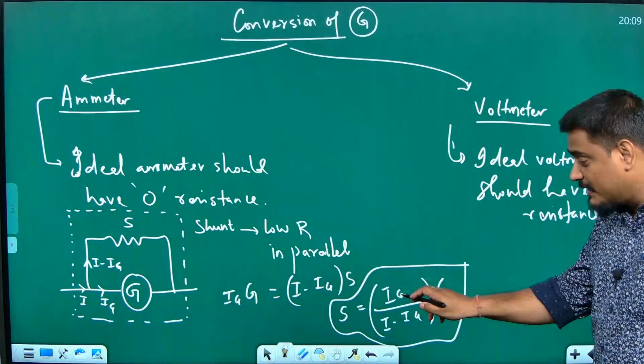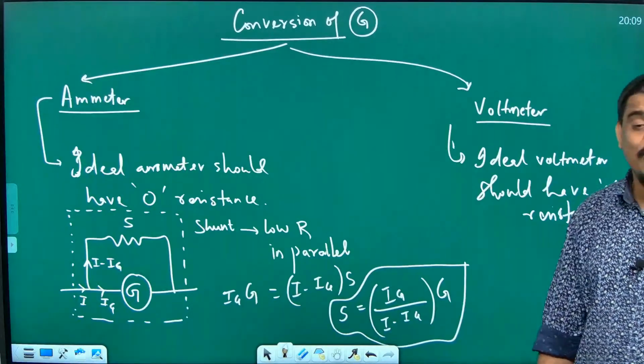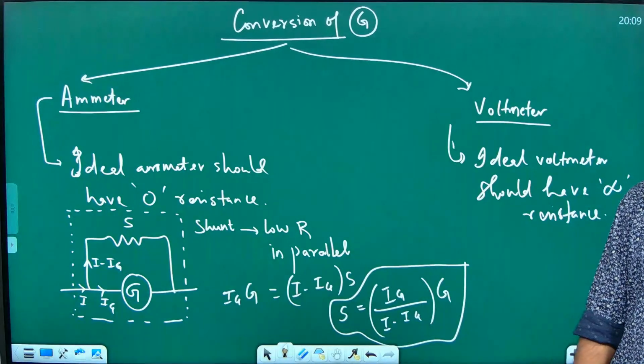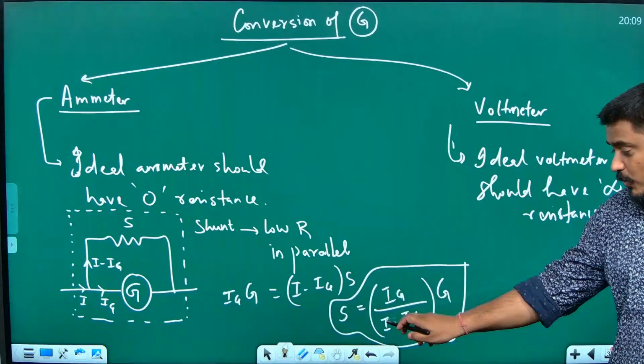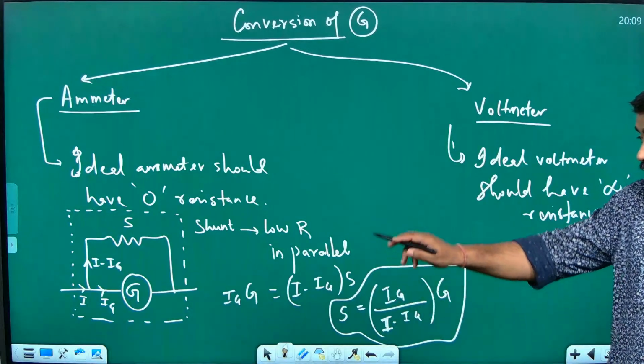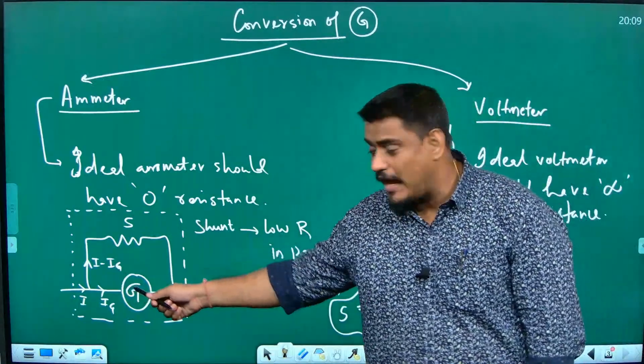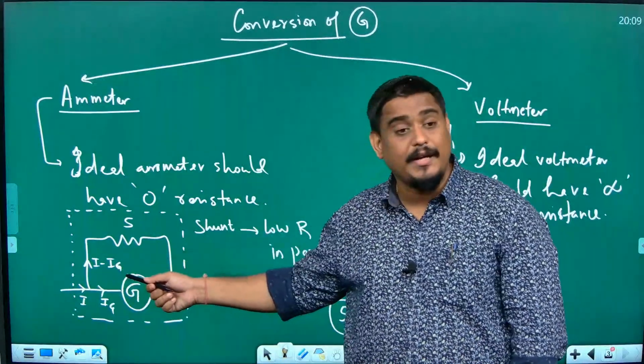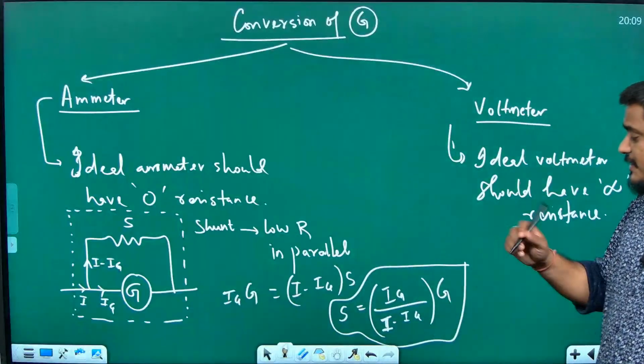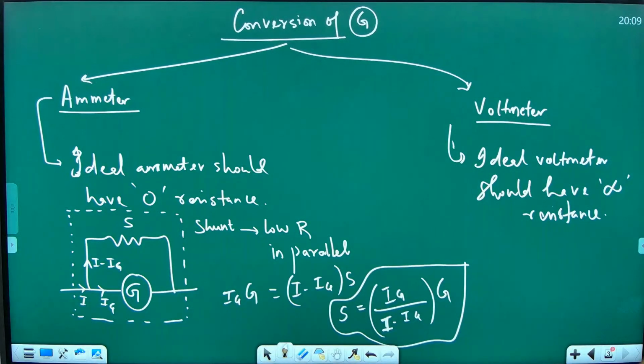Ig is the current flowing through the galvanometer, also called the full scale deflection current. I is the complete current entering the whole circuit. And G is the resistance of the galvanometer. Don't think galvanometer constant. Capital G here is the resistance offered by the galvanometer.